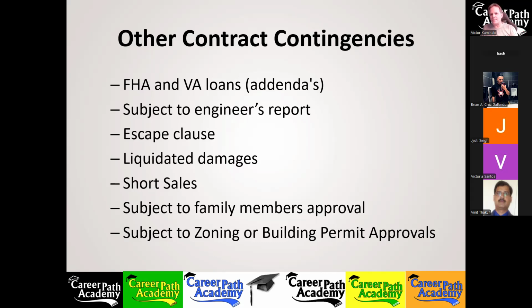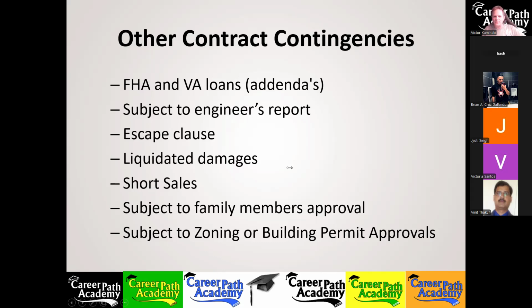And in the event they get a buyer that makes an offer that's acceptable to them, they could go back to the current buyer and ask them if they're ready to remove that as a contingency to sell their home. If not, we're going to kill the deal with you so that we could accept the other offer that came in, and they won't be considered in breach of contract. That's what an escape clause, also known as a breakout or kickout clause, is often referred to as.